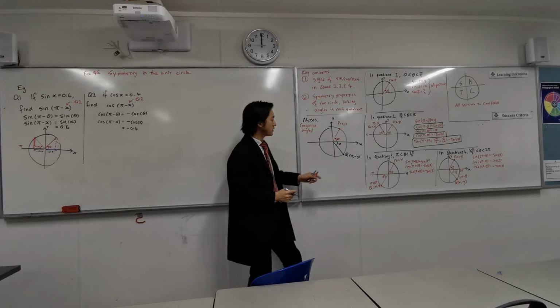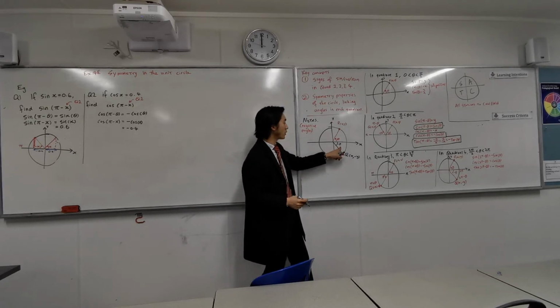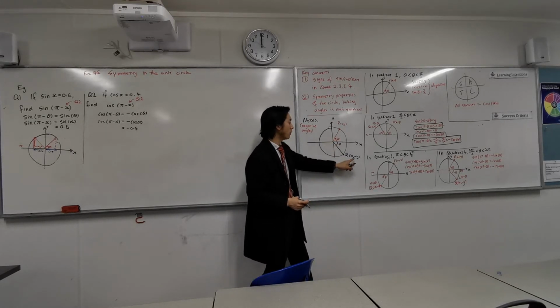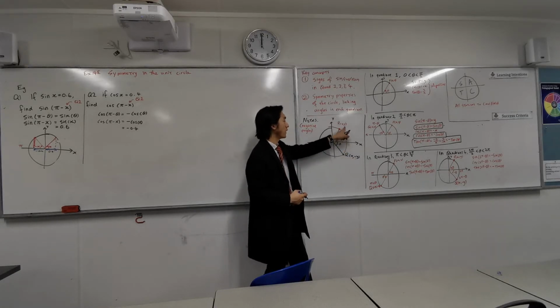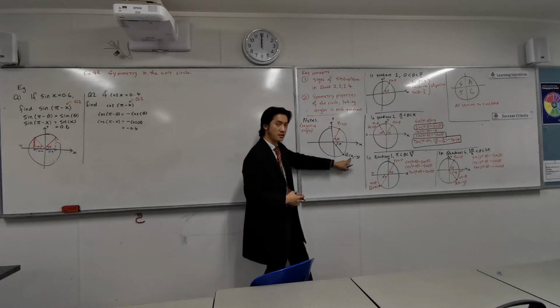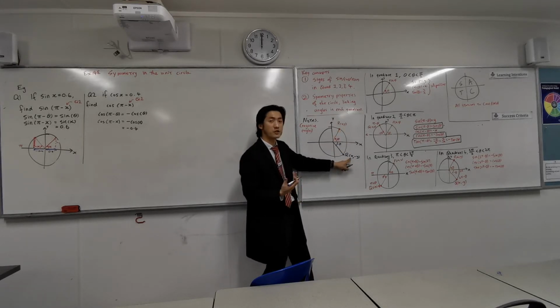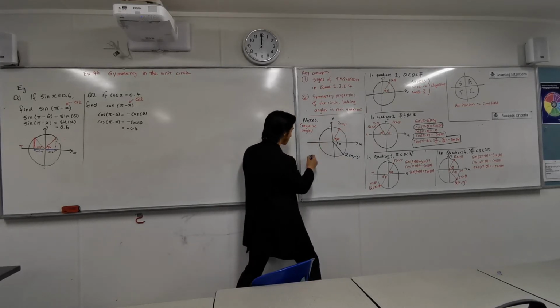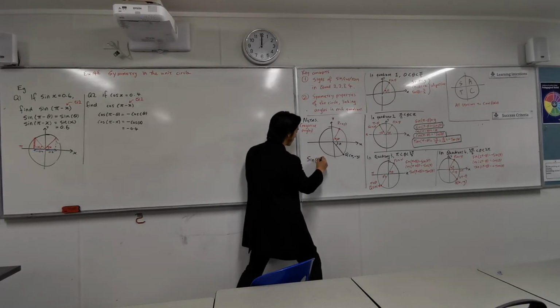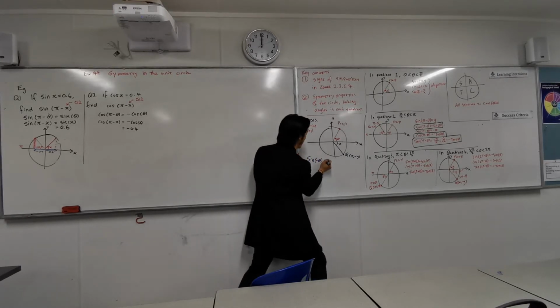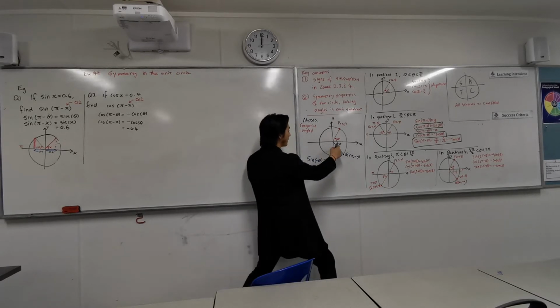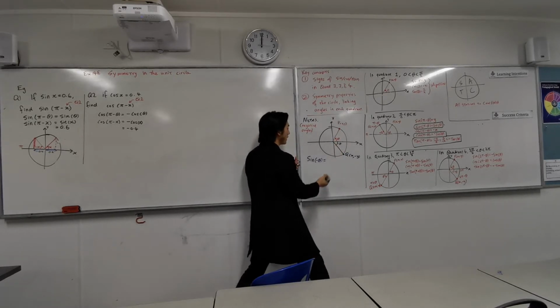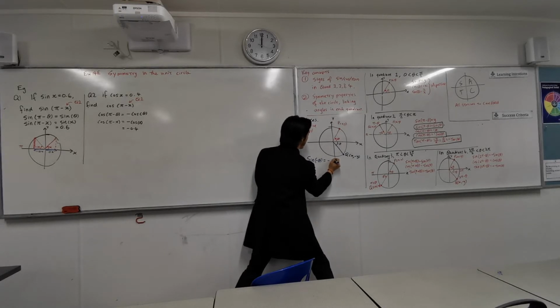So that implies that if we have a negative angle compared to a positive angle, what changes is our sign. Our sine becomes the negative of its value in quadrant 1. The cosine doesn't change, but the tangent obviously would change because that's sine over cosine. Okay, so let's summarize this. Sine of negative theta, because we're going backwards in angle, would be equal to negative sine of positive theta.